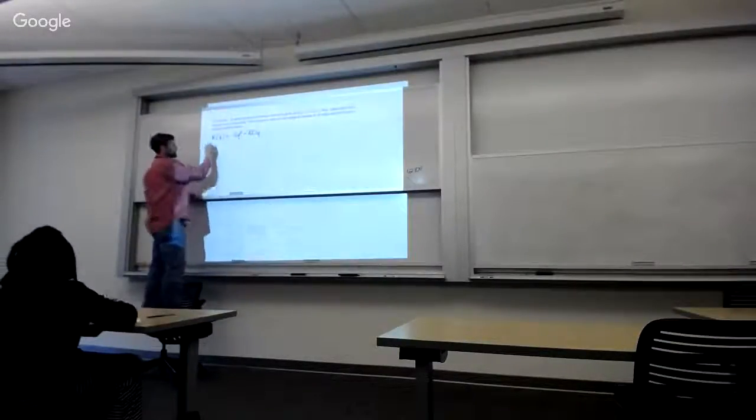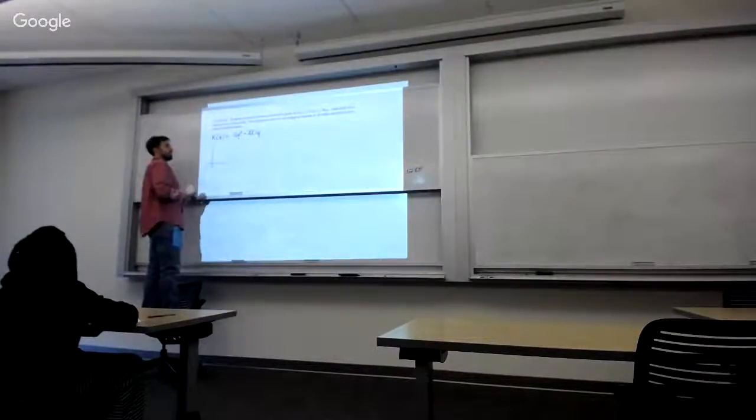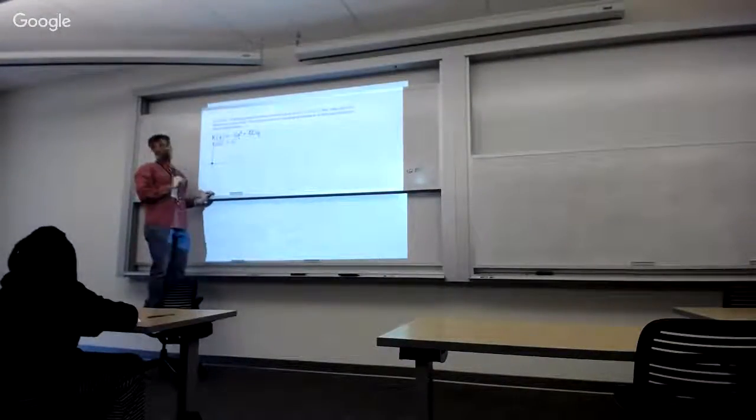So first of all, what does that graph look like? First of all, what's my revenue at 0 products? 0, right? So I know that my graph goes to the origin.